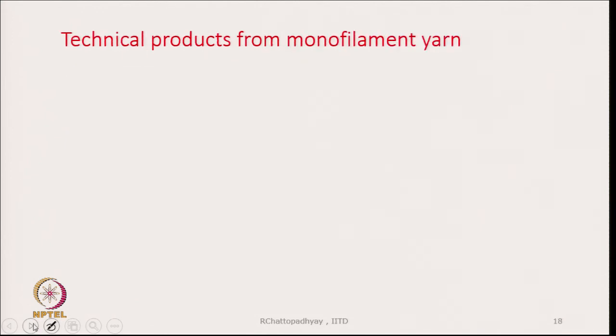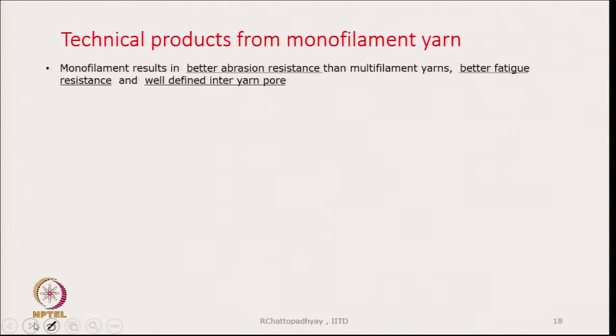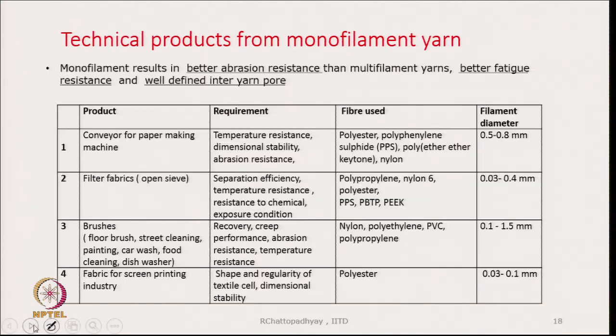Okay. From there we go to the next, technical products that we can make from monofilament yarn. See, monofilament means only a single filament. Monofilament results in better abrasion resistance than multifilament yarn, better fatigue resistance, and it has a well defined inter yarn pore when it is in the fabric form.